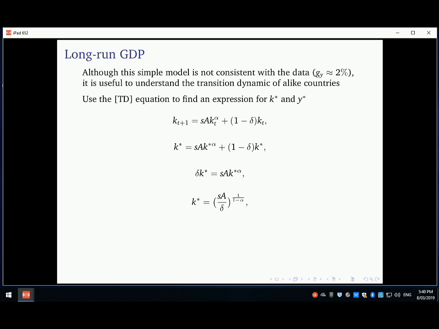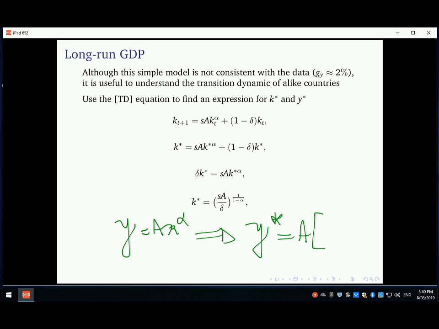And now, if we want to know the level of GDP per capita, which is what we care about, we know from before that GDP per capita, little y, is just this. We did that before when we divided the production function by N, little y, it's just equal to that, which means that little y star, the long-run GDP per capita of an economy, is just this.